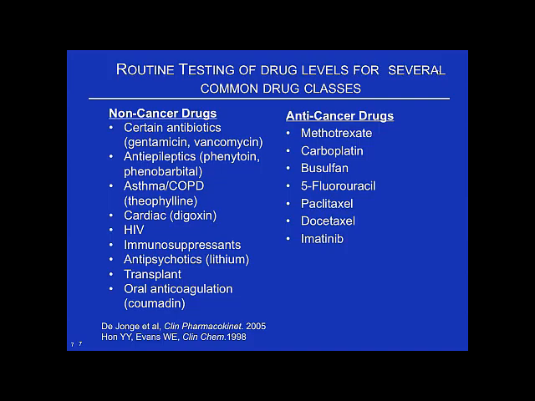So a number of antibiotics, including gentamicin, vancomycin, dosing of anti-epileptic medications, including phenytoin and phenobarbital, the use of theophylline in the treatment of asthmatics and COPDers, patients who are on antipsychotic medications such as lithium. Perhaps the best drug where we have to monitor PT and INR very, very closely is in the use of oral anticoagulants such as Coumadin.